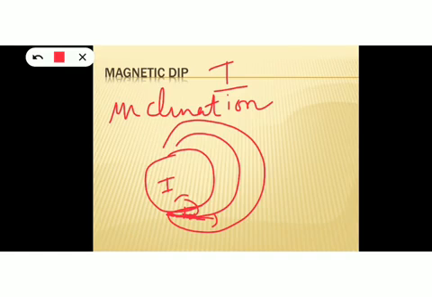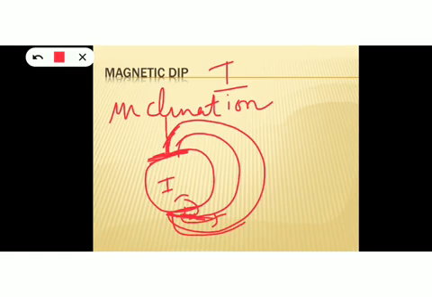And at the polar region, what is the magnetic dip? This is the polar region, right? At the polar region, this is the Earth's surface, and our magnetic field lines originate perpendicularly from the poles. Here also it ends perpendicularly into the poles. So here what is the direction of magnetic field? Construct a tangent.